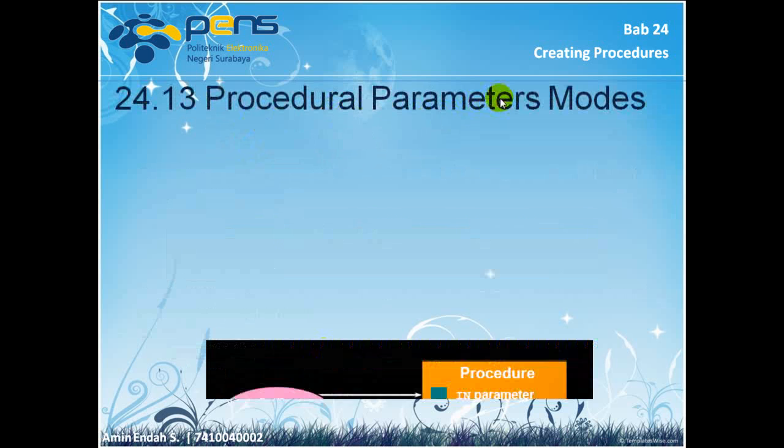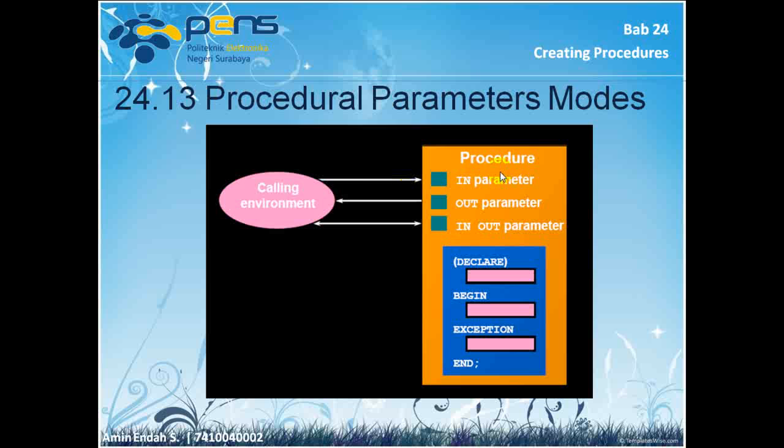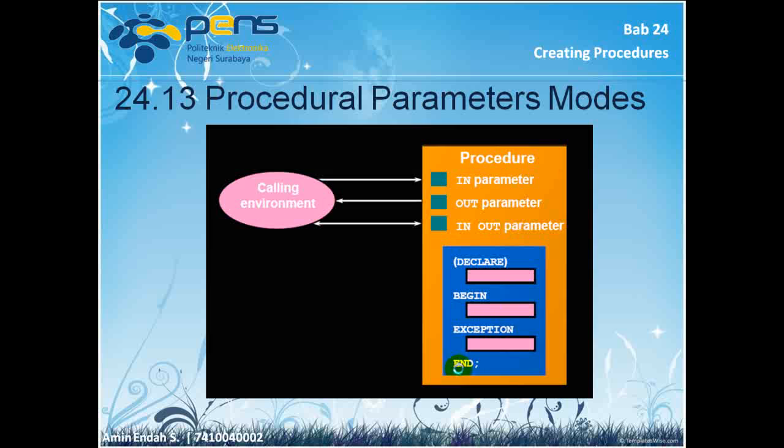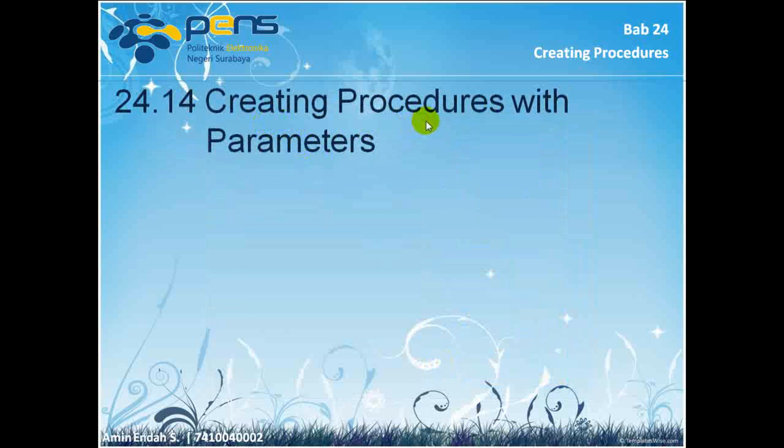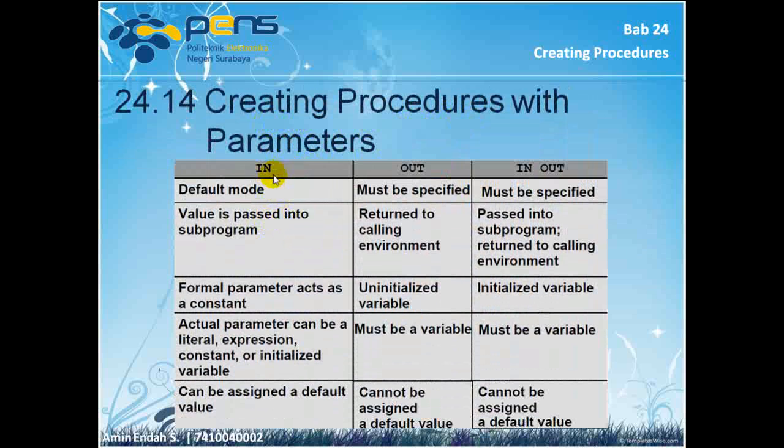Procedural parameter modes: IN parameter, OUT parameter, IN OUT parameter, with the calling environment, DECLARE, BEGIN, EXCEPTION, and END. Creating procedures with parameters: IN is the default mode, OUT must be specified, IN OUT must be specified. Values are passed into the subprogram, returned to the calling environment, or passed into the subprogram and returned to the calling environment.